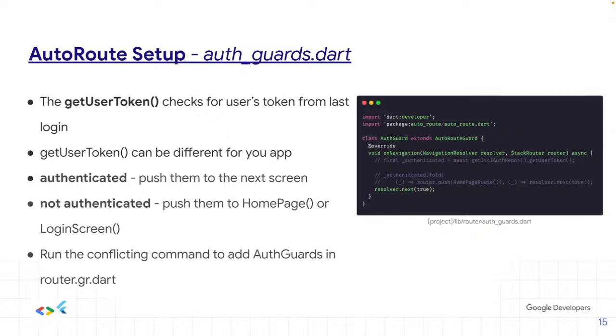Now, when I enter first screen, since it is guarded, I'm going to call a function called get user token. It's going to check if the token is there, and only then can that person enter first screen. However, if the token does not exist, that means he is not logged in and he is unauthorized. So I will just push him back to some other screen, let's say the login screen, and ask him to log in. So this is one feature which really helps in auto route.